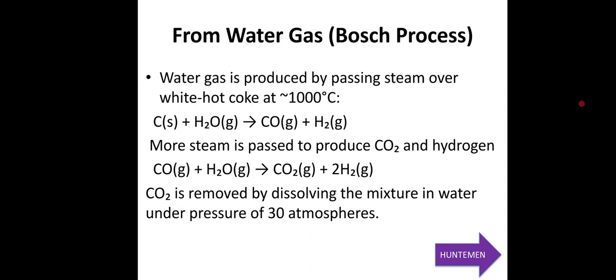More steam is passed to produce carbon dioxide, and hydrogen gas will be generated. So the first step is to produce the water gas. Then you use the water gas by adding more steam. Then hydrogen gas will now be produced. It is a two-step production.